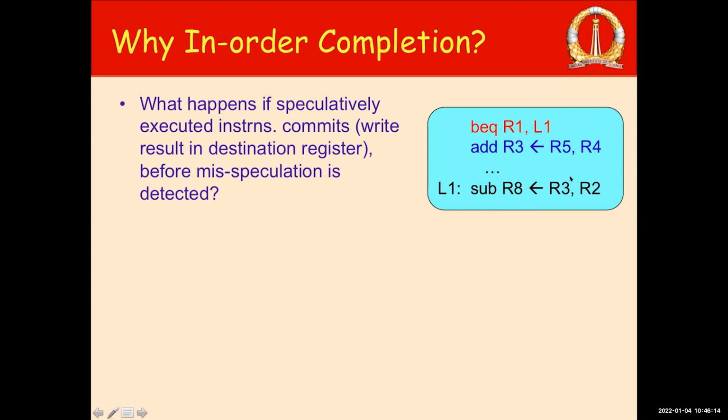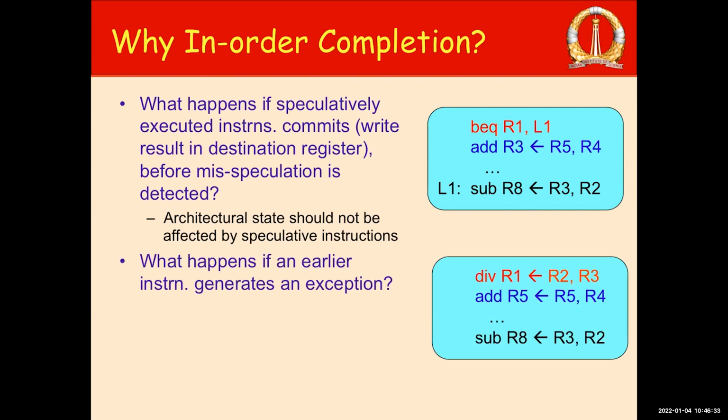So speculatively executed instructions should not be allowed to modify the architectural state of the registers, correct? And this is one particular reason why you don't want to do out of order completion.